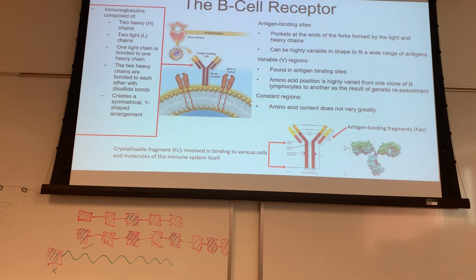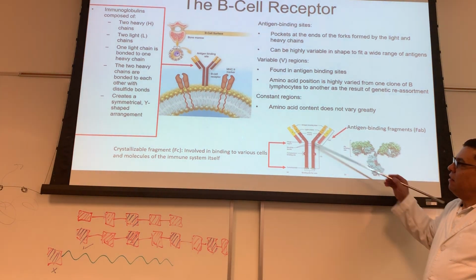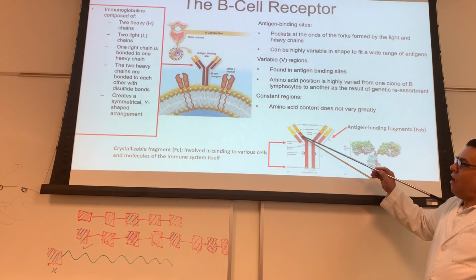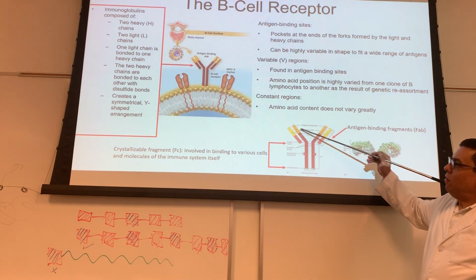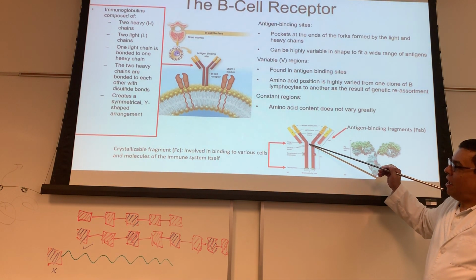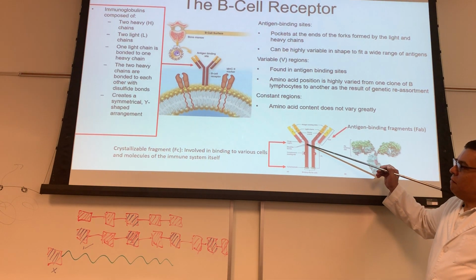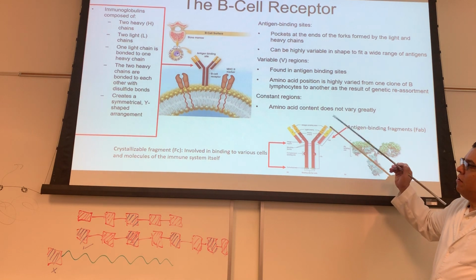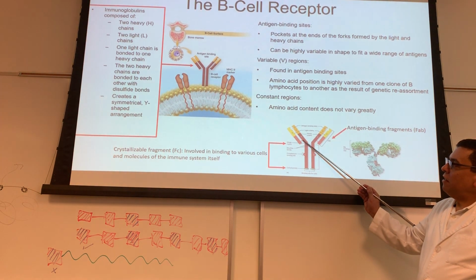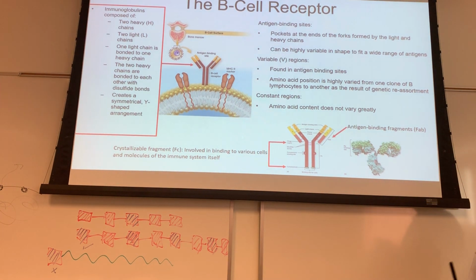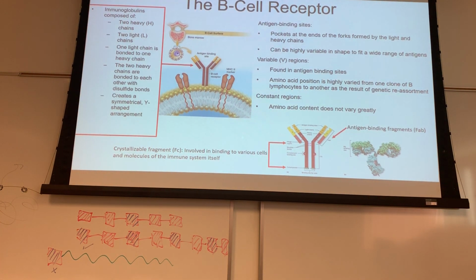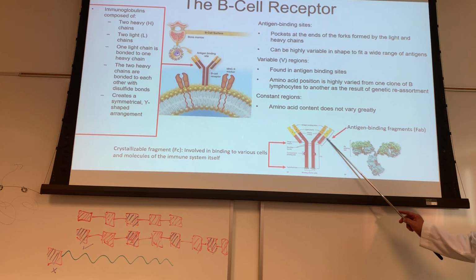The constant regions, the heavy chains, these are actually 4 different peptides, but the 2 heavy ones are attached to each other through disulfide linkage. So we're talking about cysteines in this region. And this one is held by disulfide bridges and disulfide bridges here. This region here is called the FAB region.